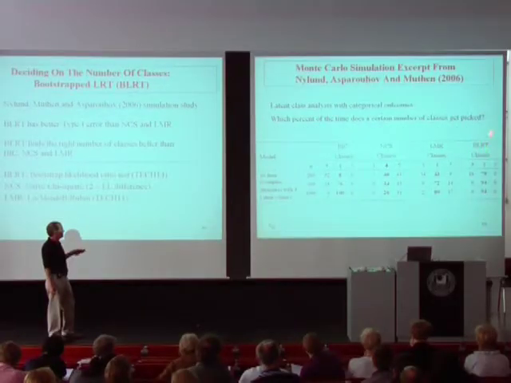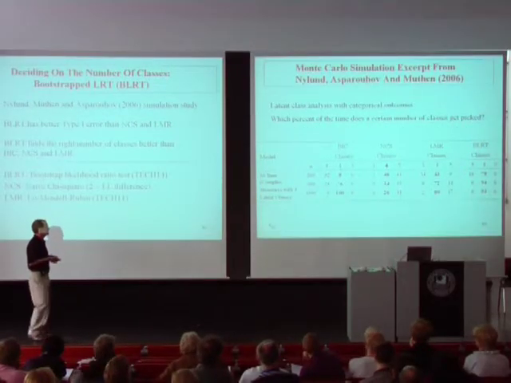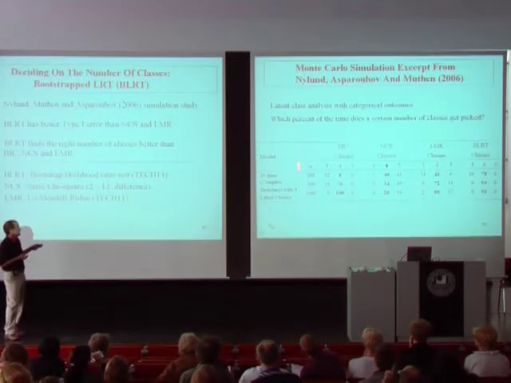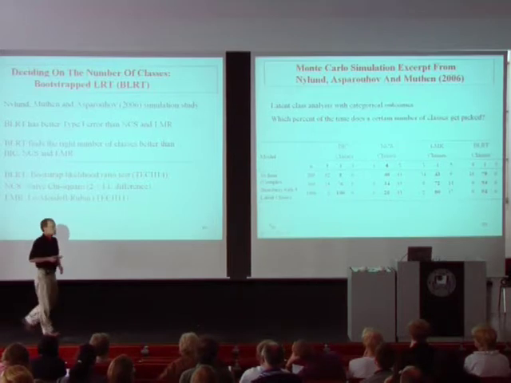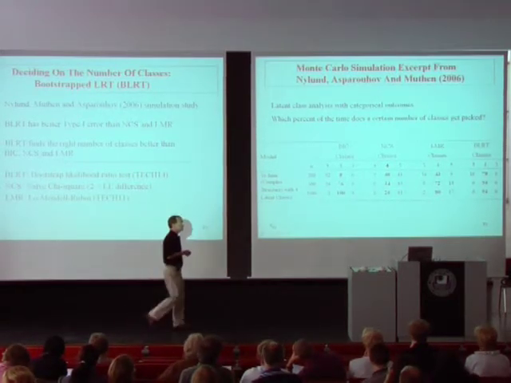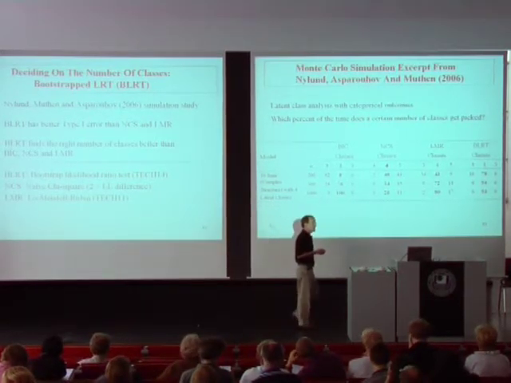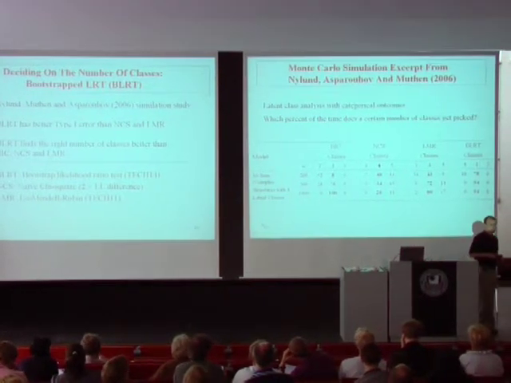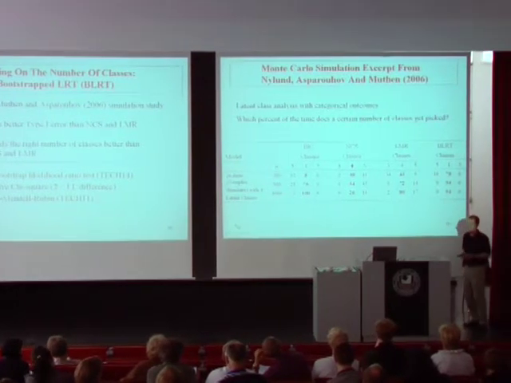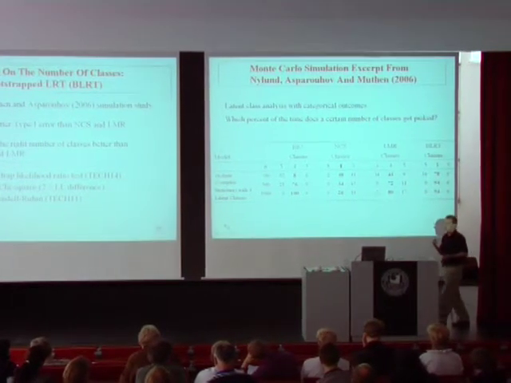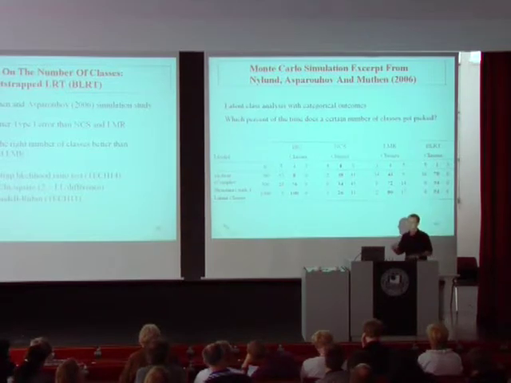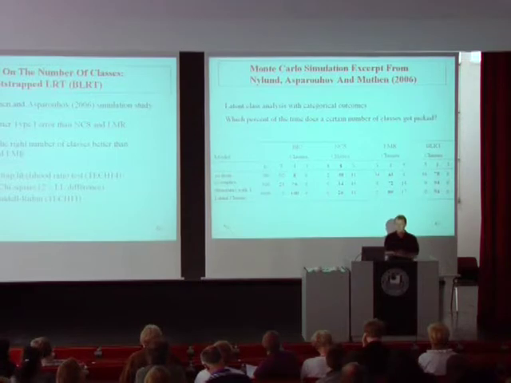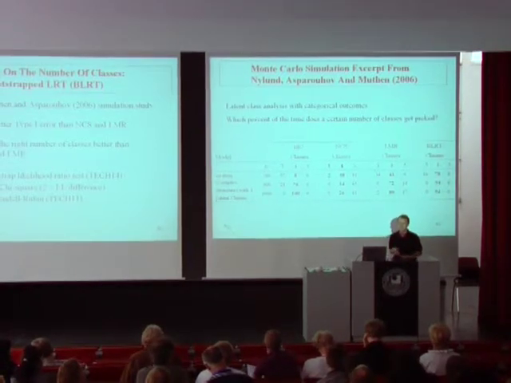So from this, you would suggest that bootstrapped Tech 14 is the best approach, but BIC is not too bad. Now, this is just simulations, and simulations are limited, and I would say that in my own work, I typically use BIC as a first stab at finding the number of classes, BIC together with substantive reasoning, and sometimes when I really want to adjudicate or choose between, say, 5 or 6 classes, where BIC is not totally clear about it, I go to the bootstrap.